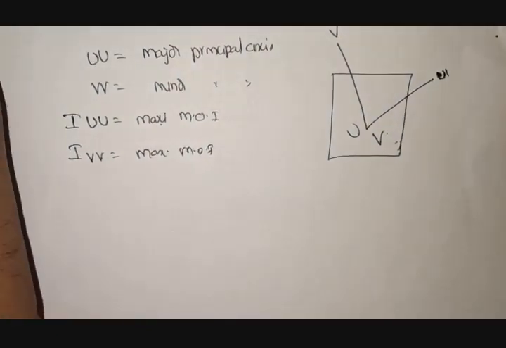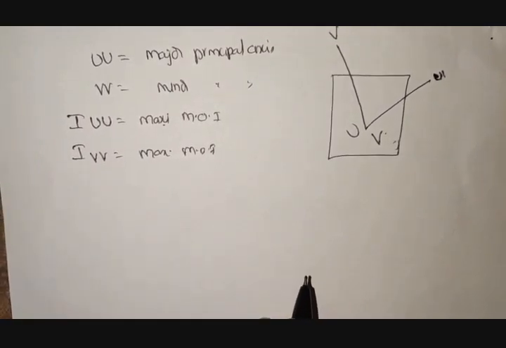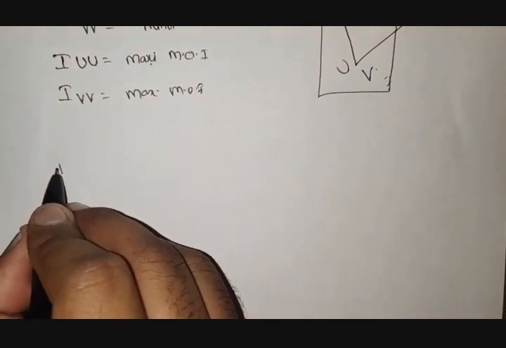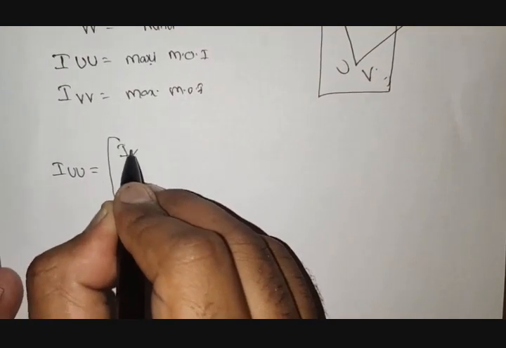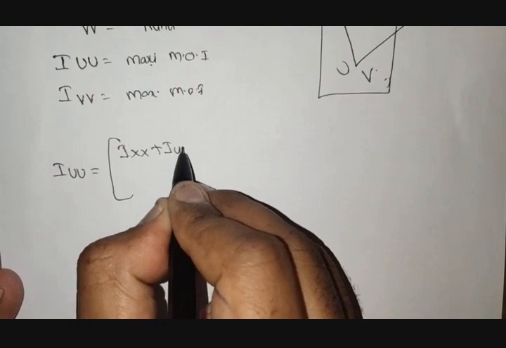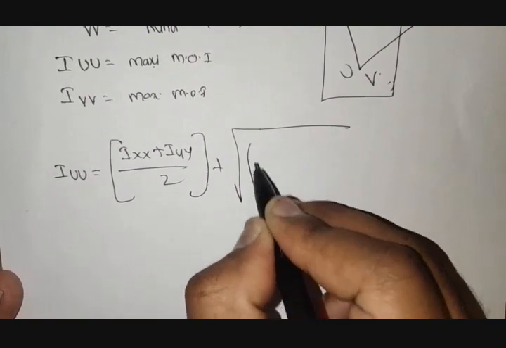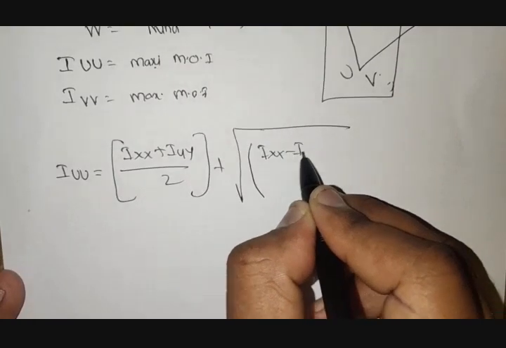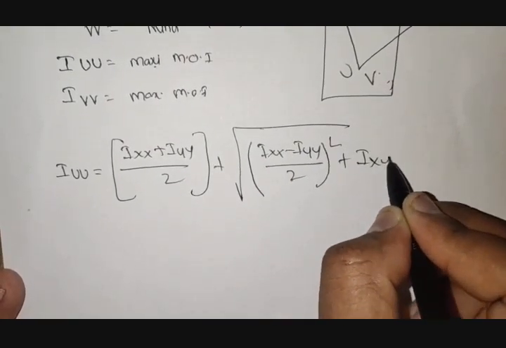By substituting the values of sin 2 theta and cos 2 theta in equations 7 and 8, we get the maximum moment of inertia Iuu as (Ixx plus Iyy)/2 plus root of ((Ixx minus Iyy)/2) whole square plus Ixy whole square.